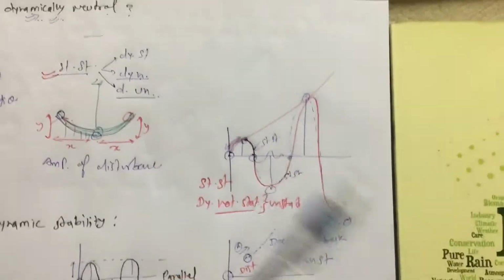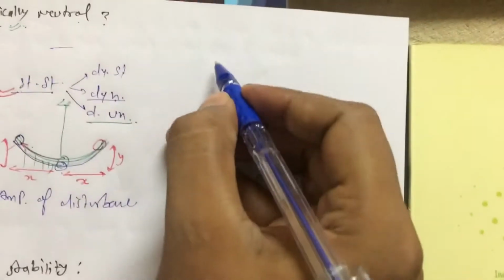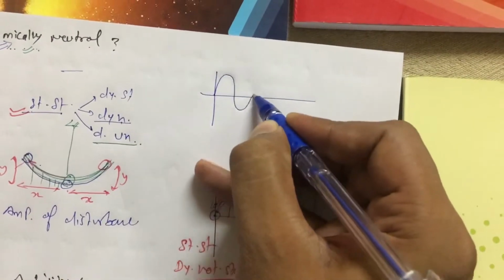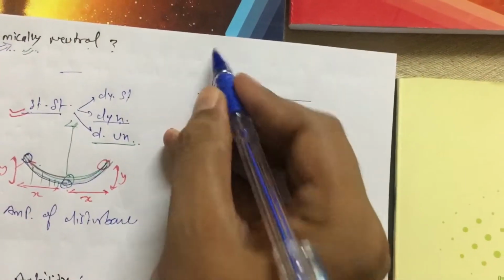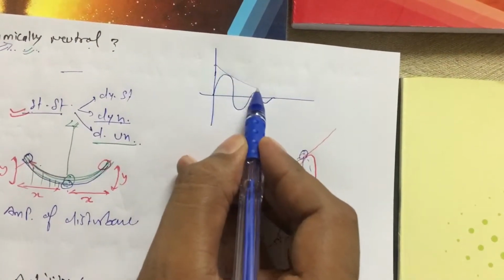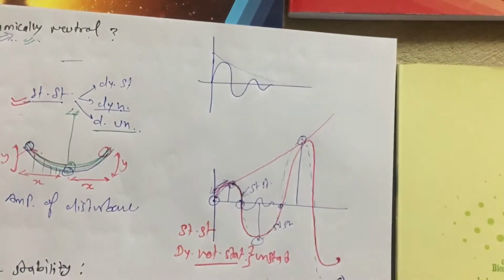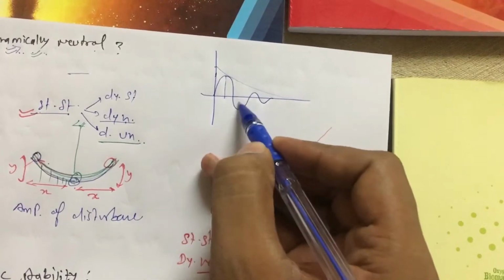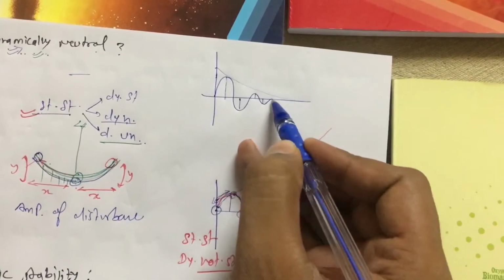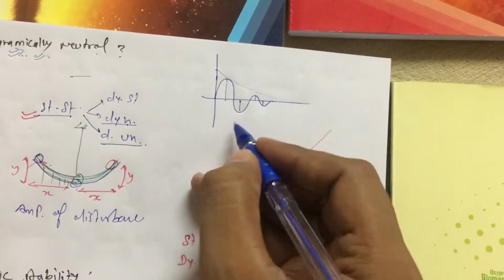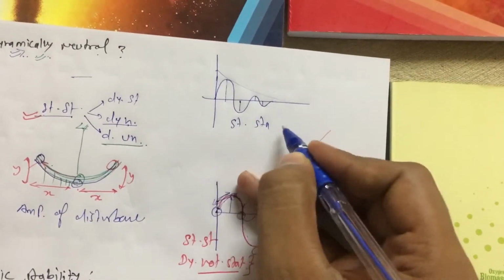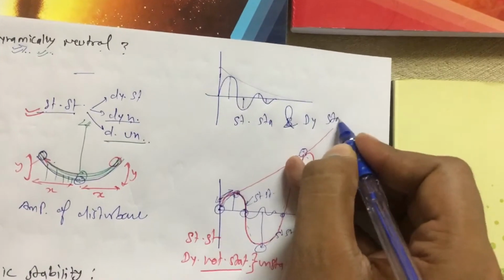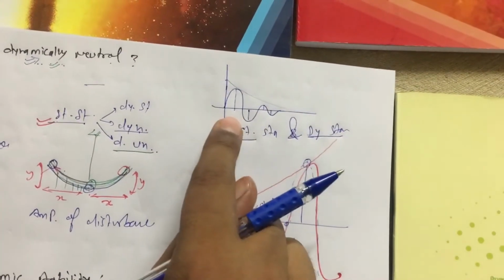And if you have a graph something like this, your displacement keeps on decreasing and after some time it will touch 0. This is the initial displacement, and after some oscillation the displacement is decreasing and achieving 0. So this graph is statically stable and dynamically stable also. This is the only such graph.